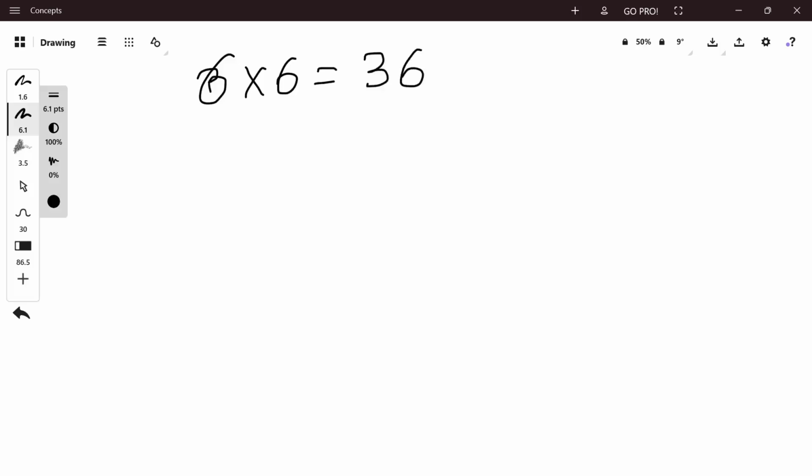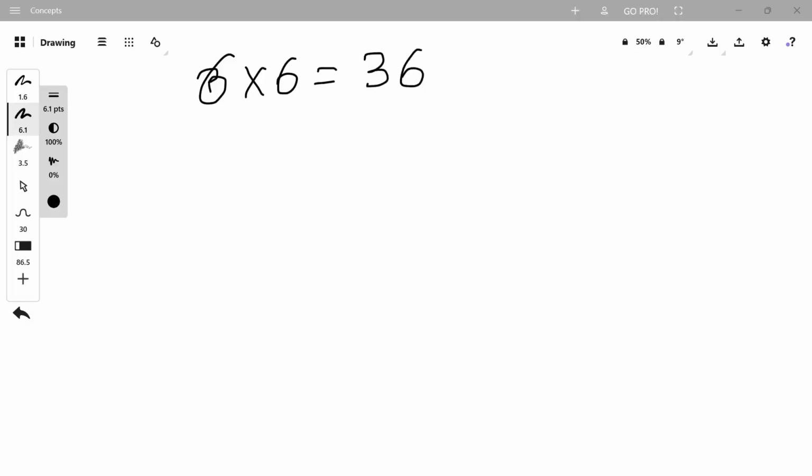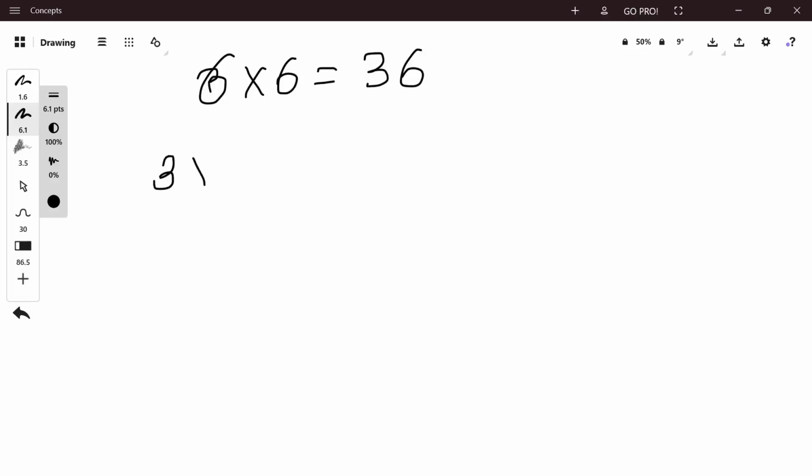The product is odd only if both numbers are odd. The odd numbers on dice are 1, 3, and 5. The number of outcomes with two odd numbers is 3 into 3, which is equal to 9.